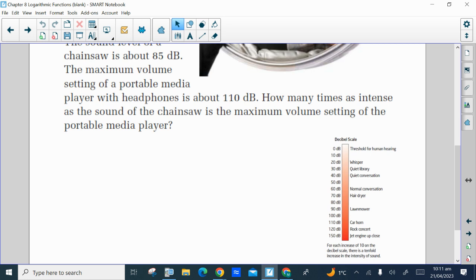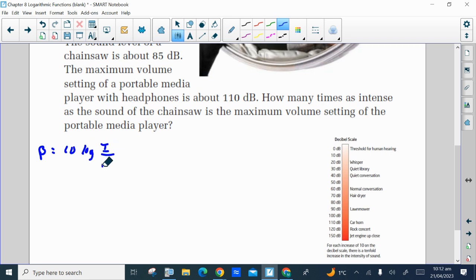We start with this general equation for the decibel level, which is beta equals 10 log I over I sub 0. Right, we're given that. And we have beta 1, which will be 10 log I sub 1 over I sub 0.